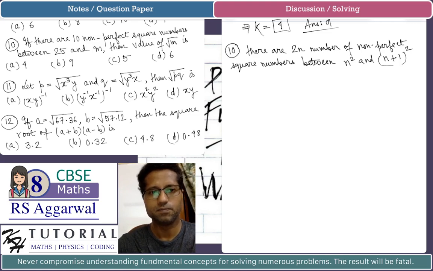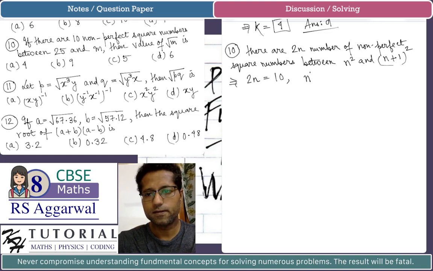non-perfect square numbers between 25 and m. If you correlate that with the concept I have just stated, we can say that twice n is equal to 10, and also n square is equal to 25, and m is equal to n plus 1 square.